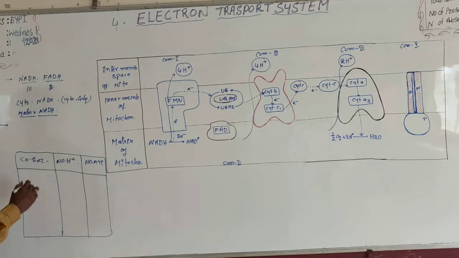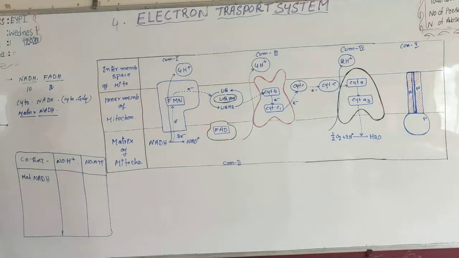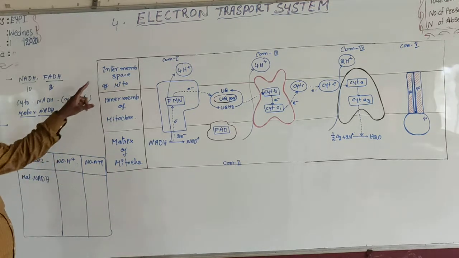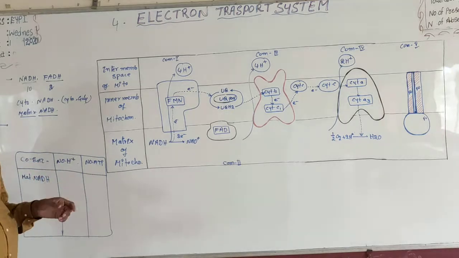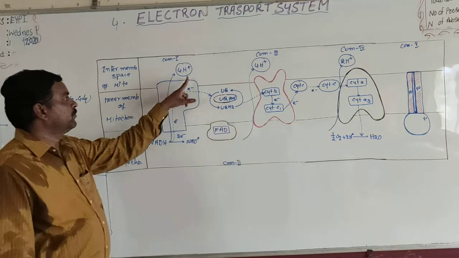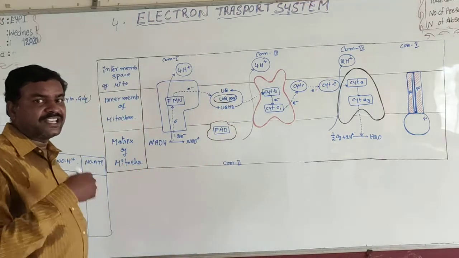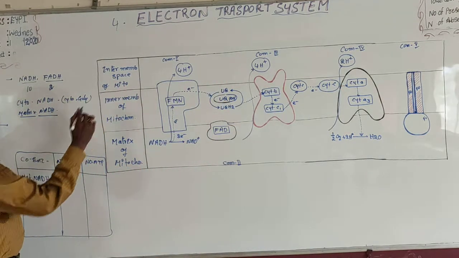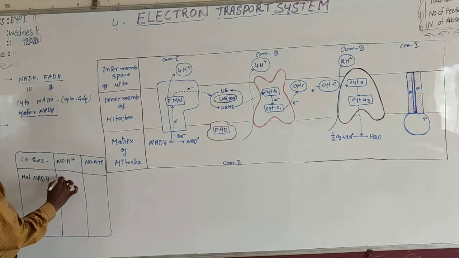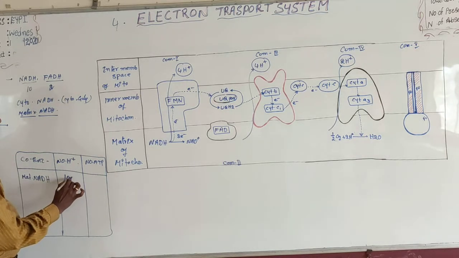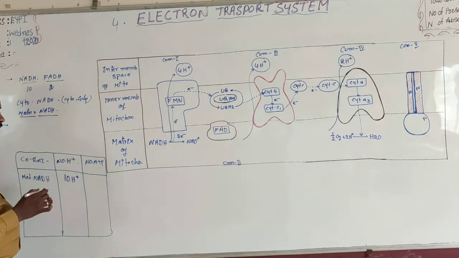So one matrix NADH2. How many H plus enter into the intermembrane space by the oxidation of matrix NADH2? 4 plus 4 plus 2, that is 10 H plus contributing to the proton concentration. So 10 H plus.